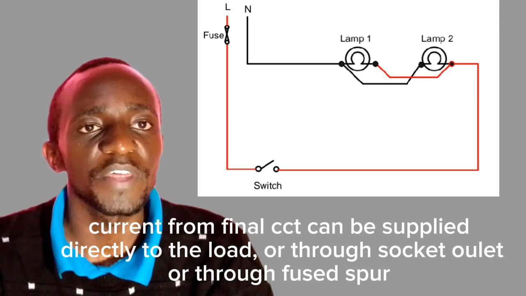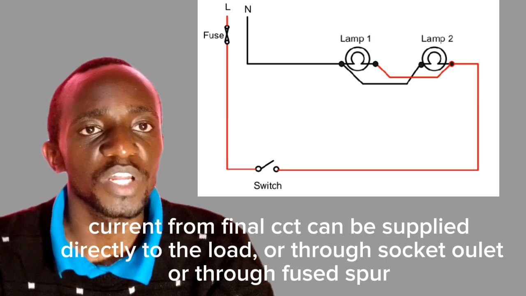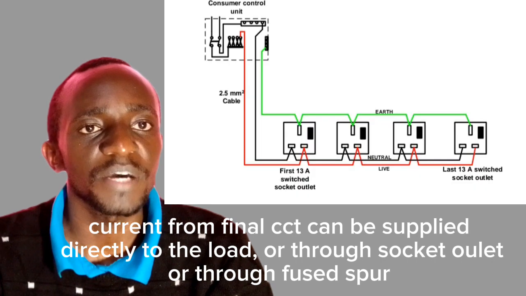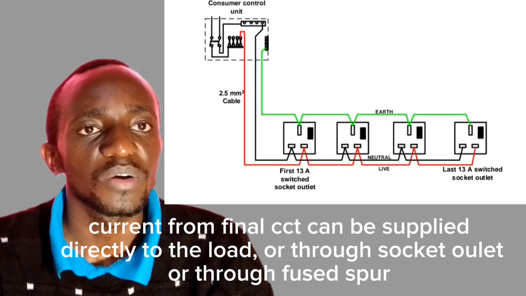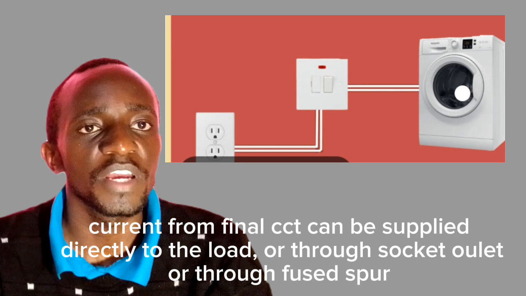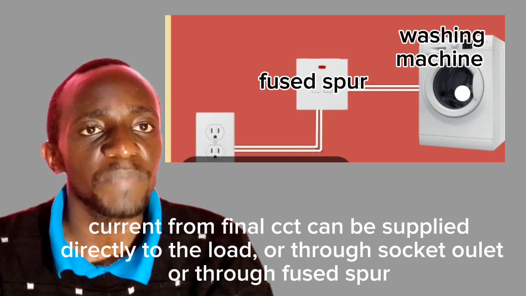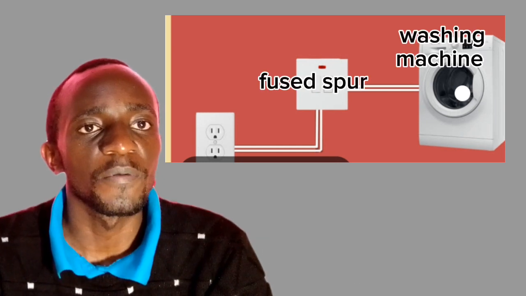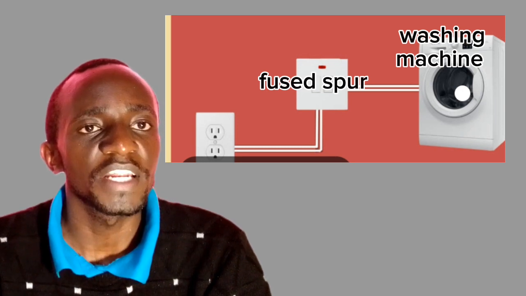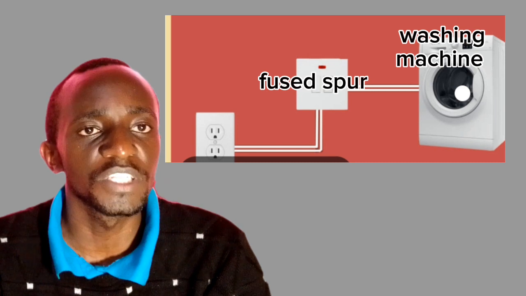And this power or electric current can be supplied directly from the distribution board to the load, or it can be supplied through a socket outlet, or it can also be supplied through a fused spur. A spur is an extension from the main socket outlet, radial or ring, with the intention of fusing.